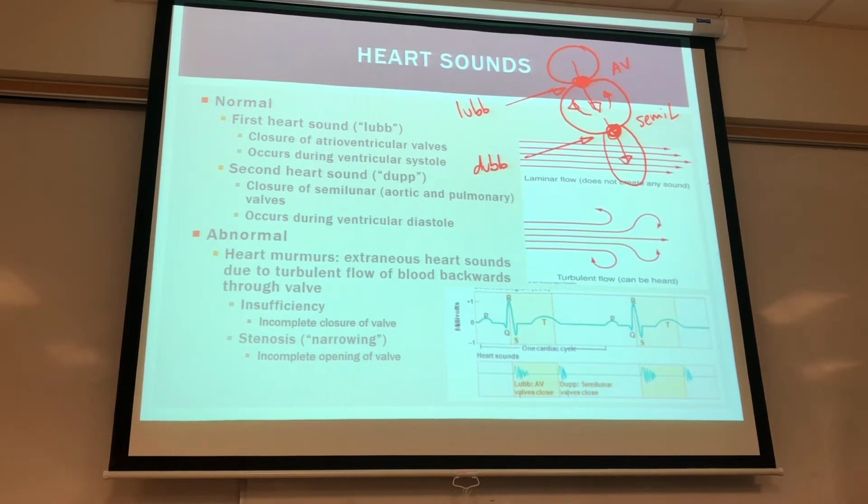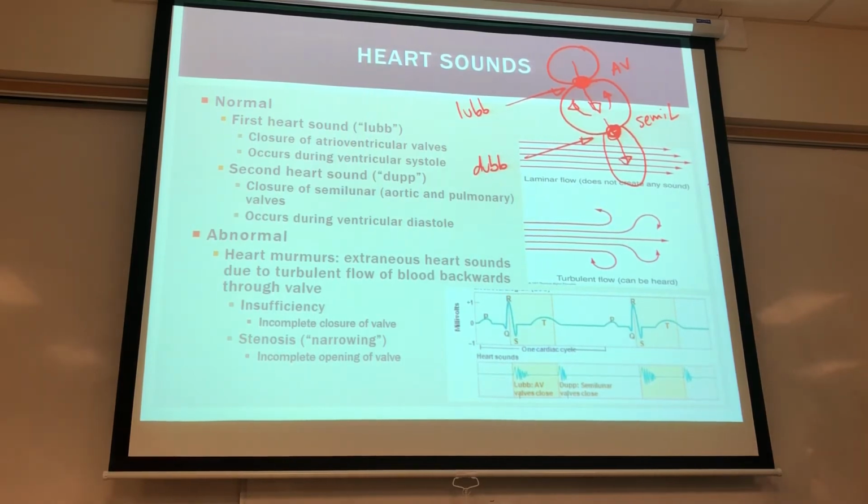So lub dub, lub being the AV valve, dub being the semilunar valve. That should at least tell us if the valves are working normally. Hearing lub dub lets us know if the valves are opening and closing.